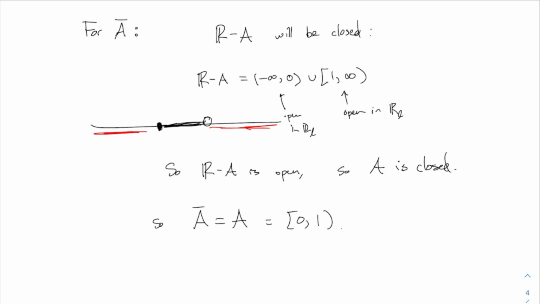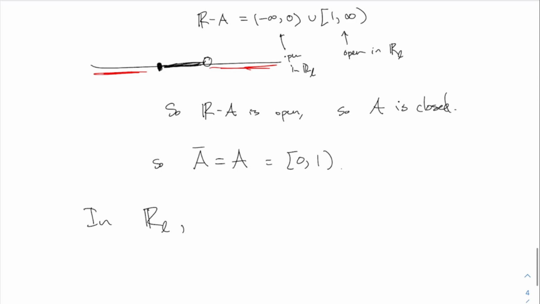So actually in R_L, the lower limit topology, a set like this, interval a to b, is clopen. It is open and also closed. Every one of those intervals is open and also closed.